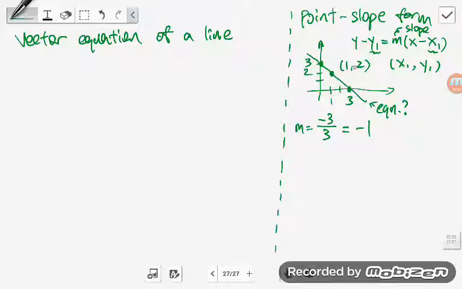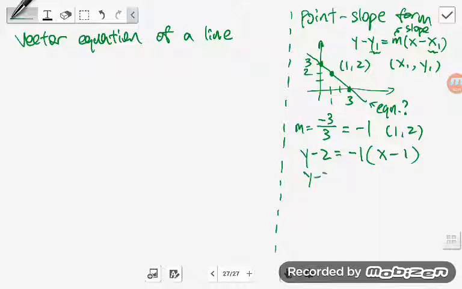Now I already have a point on this straight line, which is (1, 2). So my x1, y1 in this case is (1, 2). With my slope and a point on the line, I can write the equation. So y minus my y1, which is 2, is equal to my slope, -1, multiplied by x minus my x1, which is 1.